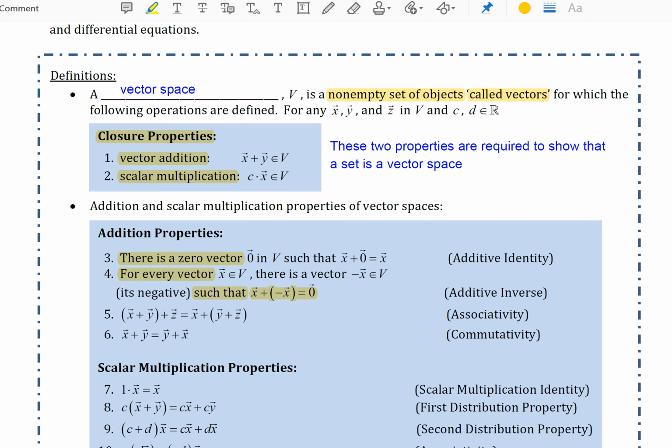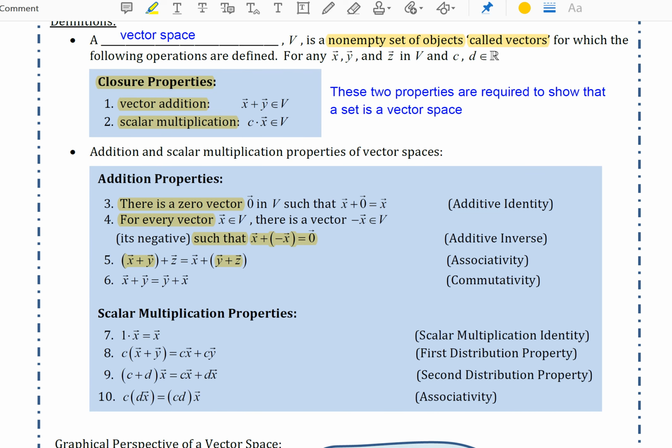The sum of 3 vectors in V can be reassociated, meaning you can add x plus y first and then z, or you could add y plus z and then x. Either way, the sum will be the same. This is associativity. Commutativity: a vector x plus y is the same as a vector y plus x.